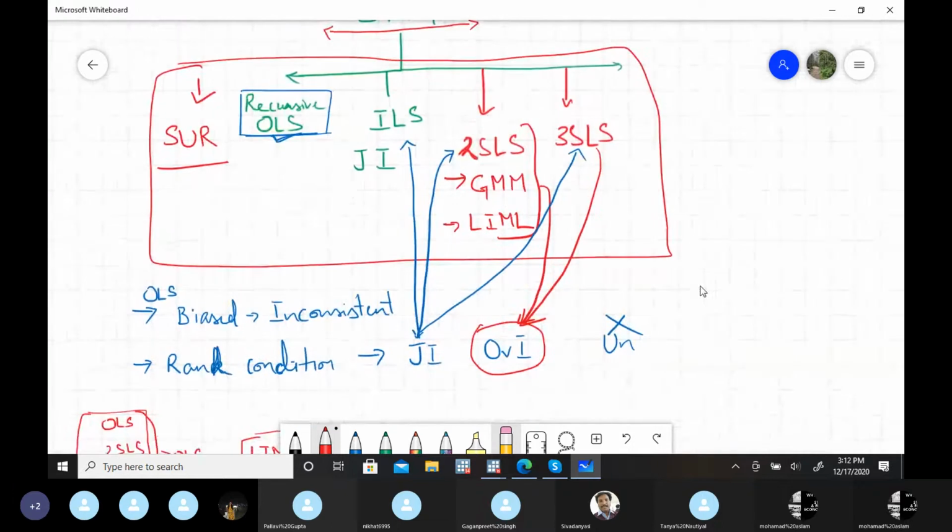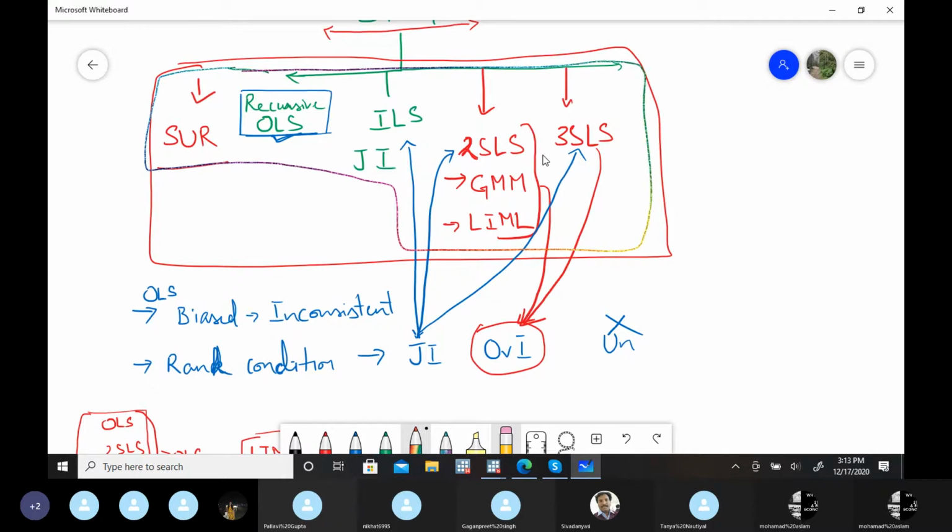Besides all these methods, I think in the beginning I made clear that all these methods have one thing in common: they are based upon the limited information method, and the other alternative is the full information method.